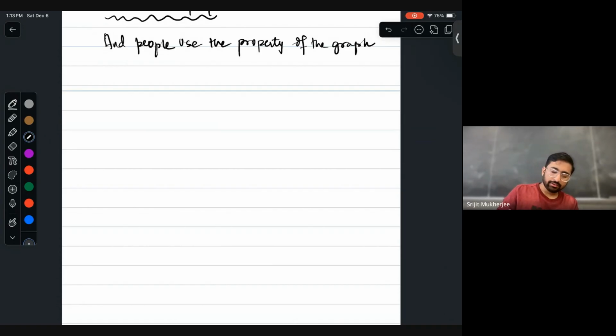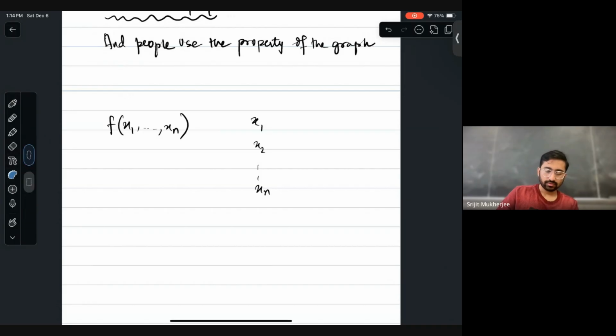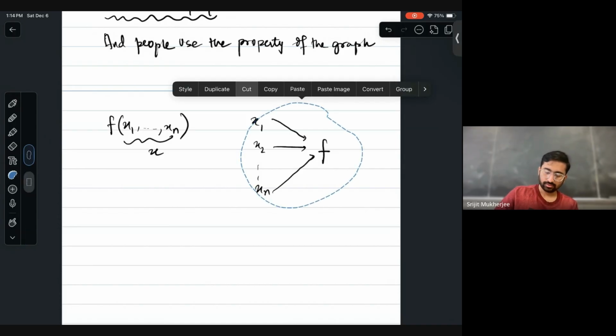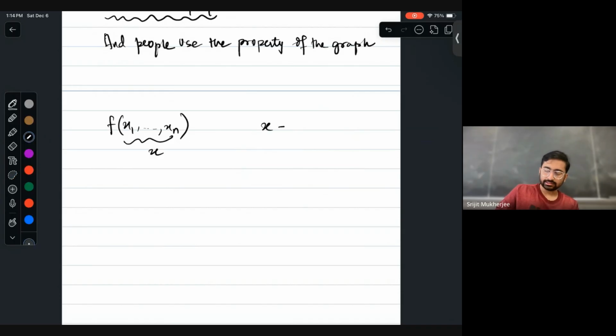If f is a function of x1, x2, or xn, we write x1, x2, xn, and then f. But when it's in a vectorized format, you usually write it as x, because it works well for vectorized format. So we can say x, f.